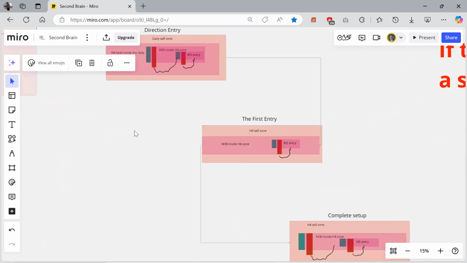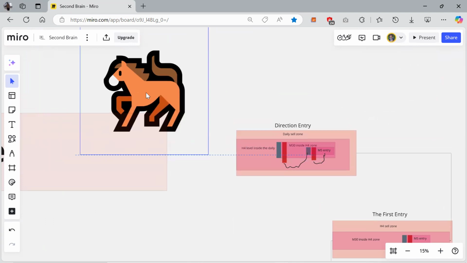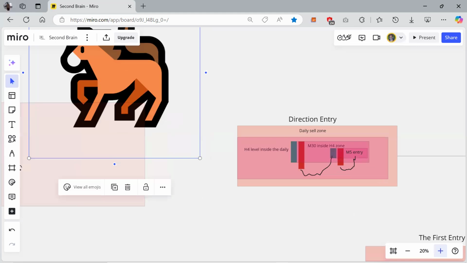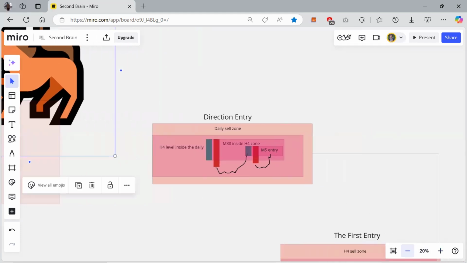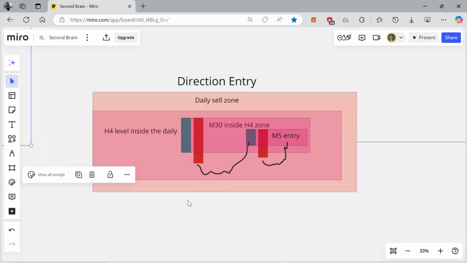When we know that we are on the daily sell zone, okay, and let's say the weekly and the monthly are also bearish, so we know that we should be looking for the sell setups.